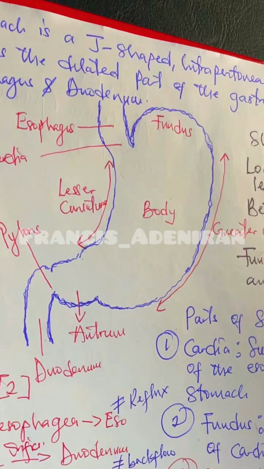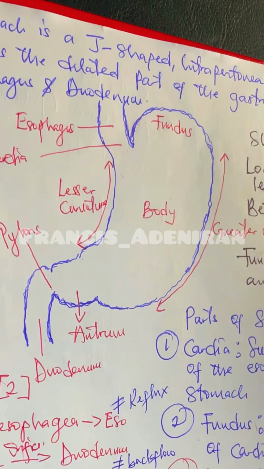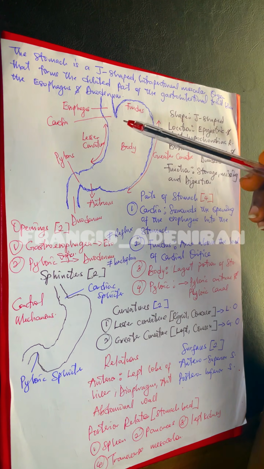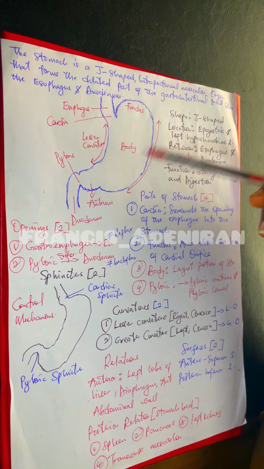Then the body is the largest portion of the stomach, while the pyloric part is the most distal portion, which is divided into the pyloric antrum and the pyloric canal. So once again, the stomach is divided into what? The cardia, the fundus, the body, and the pyloric parts.